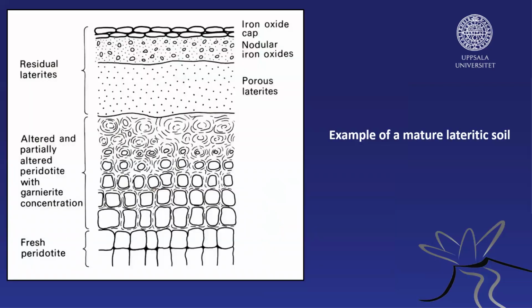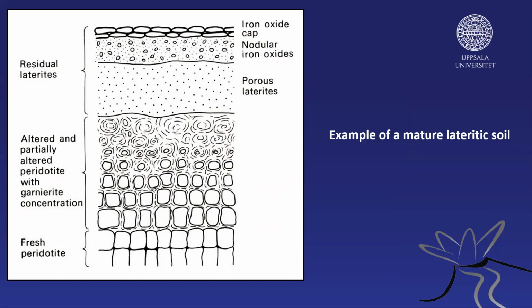So this is how it goes. You have a magmatic rock, in this case a peridotite, which is magnesium and iron rich. You alter this rock, you form a soil, and then you keep leaching, altering, transforming the soil, and you form an iron oxide layer. It's a crust basically.